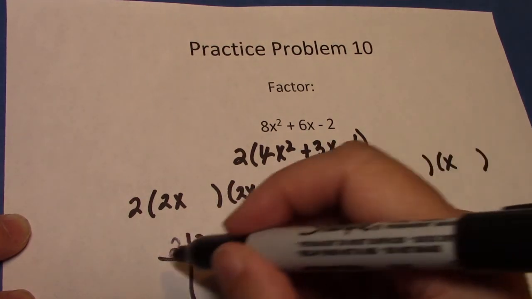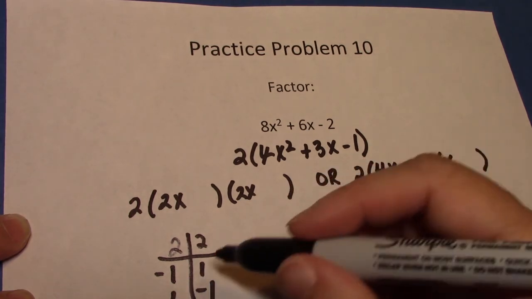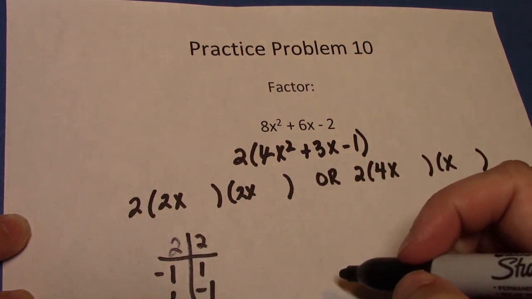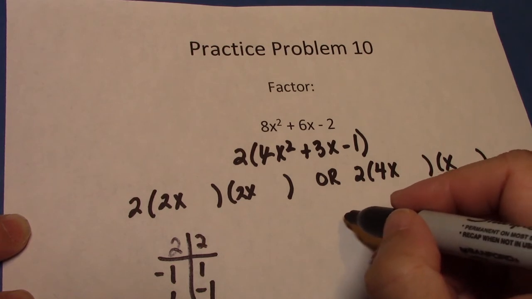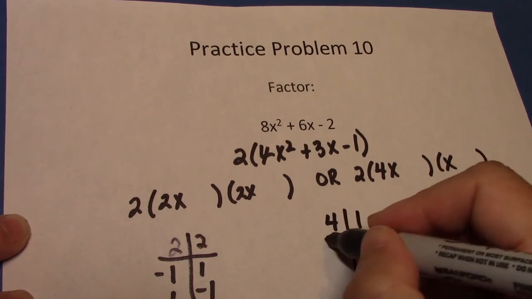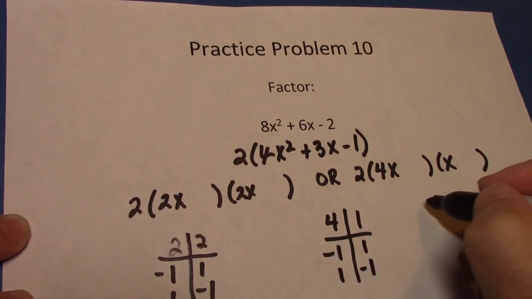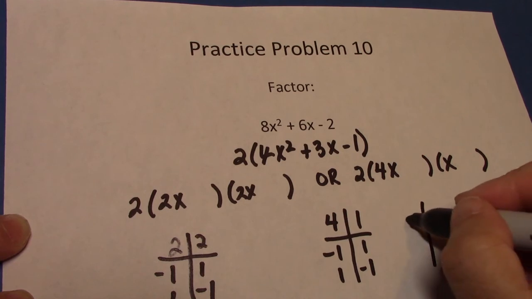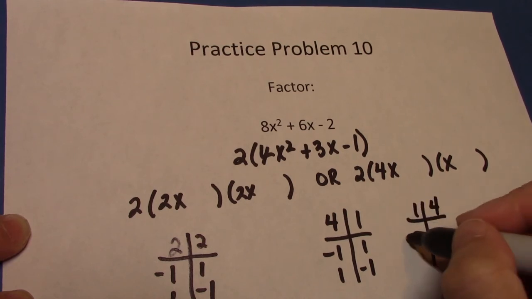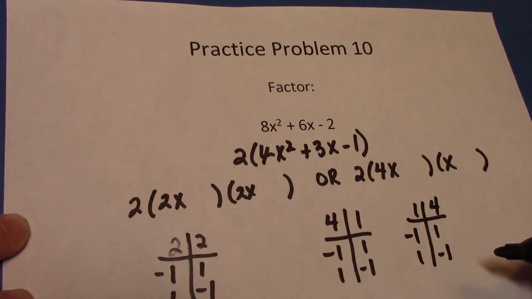So for -1, we might have -1 or 1 or 1, -1. I guess it doesn't really matter when you're looking at 2 and 2. Or we might have 4, 1 with -1, 1, or 1, -1. Or we might switch this around and have 1, 4, -1, 1, 1, -1.